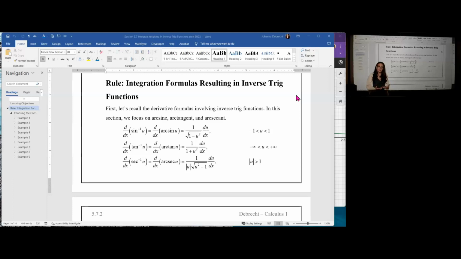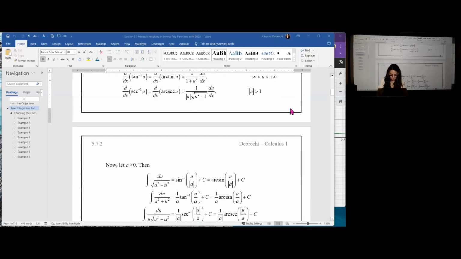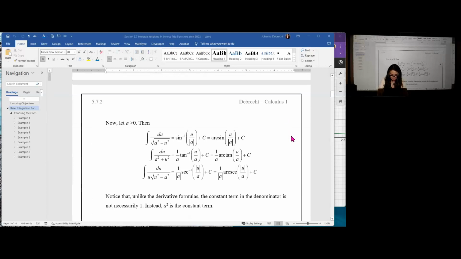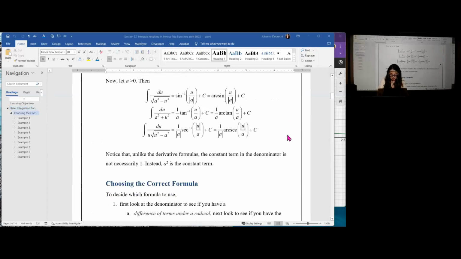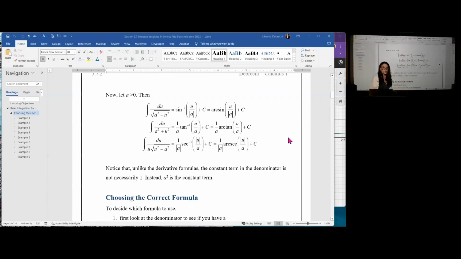Now that we've talked about the derivatives, and I've kind of reminded you, we now want to take a look at undoing these. If we're going to undo them, then we're going to start with the integral of either the rational function for arctangent or the fraction with the radical in the denominator for arcsine and arcsecant.